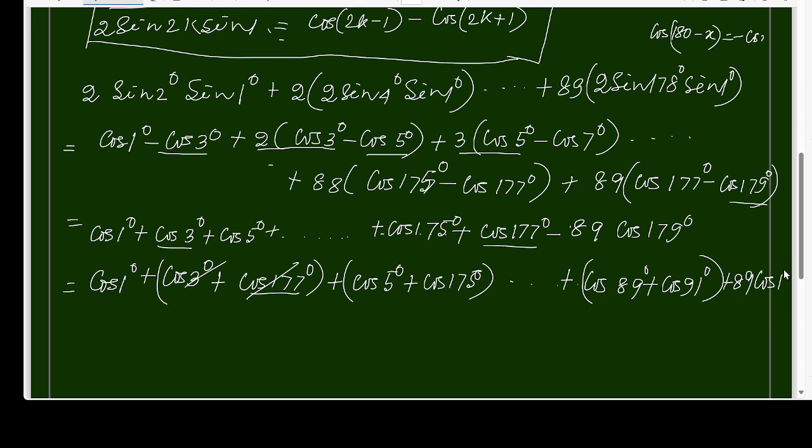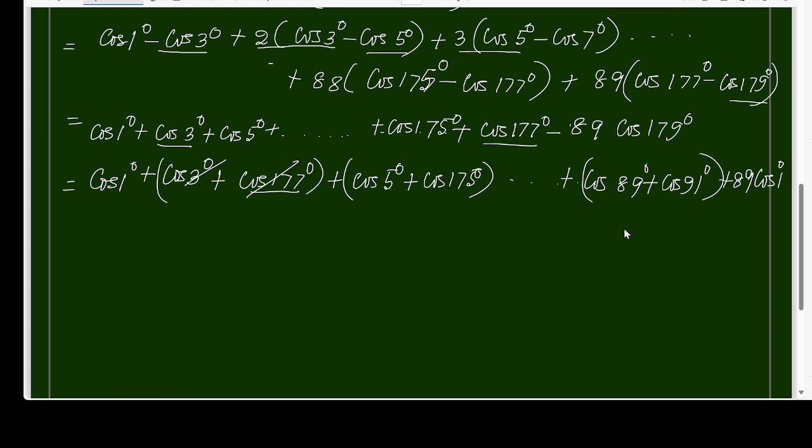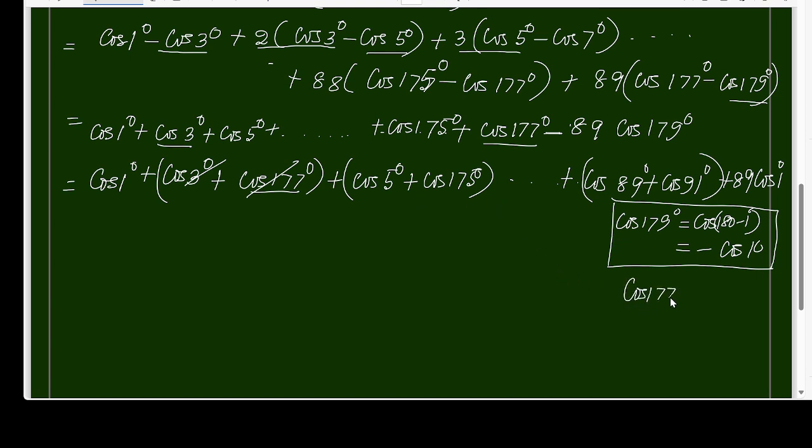Let me explain again. Cos 179 is equal to cos of 180 minus 1, so that will be negative cos 1, and negative into negative cos 1 will make it positive, and I applied this in all the terms so that they cancel each other. Cos 177 is equal to negative cos 3 degree.